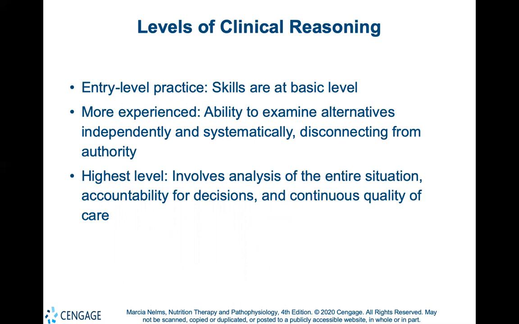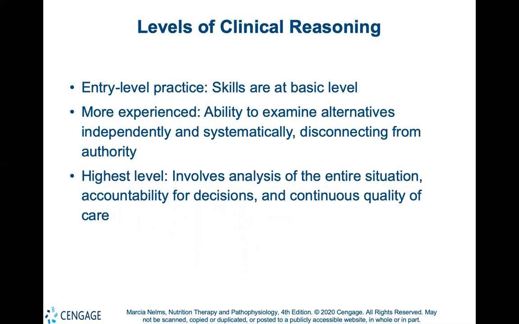As the dietitian becomes more experienced, she or he begins to examine alternatives independently and systematically, disconnecting from the authorities. The dietitian is better prepared to anticipate possible outcomes and identify a broader range of options.